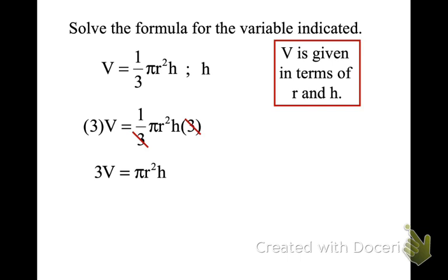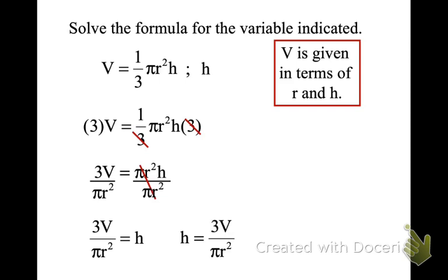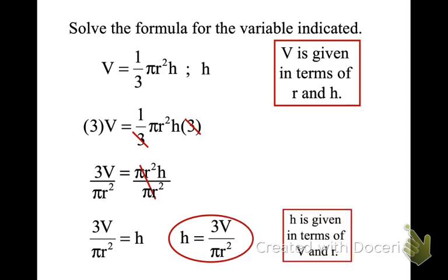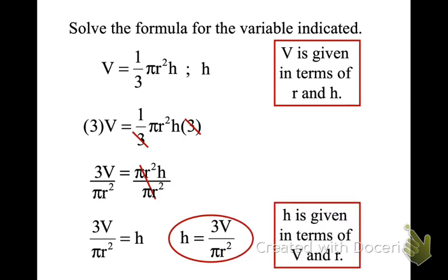Since they're both multiplied by h, we're doing the inverse of what pi r squared is doing. Since it's being multiplied, we have to divide by what we want to get rid of, pi r squared, on both sides, and it will cancel here, and so we're left with 3v over pi r squared equals h. Now h is given in terms of the volume and the radius.